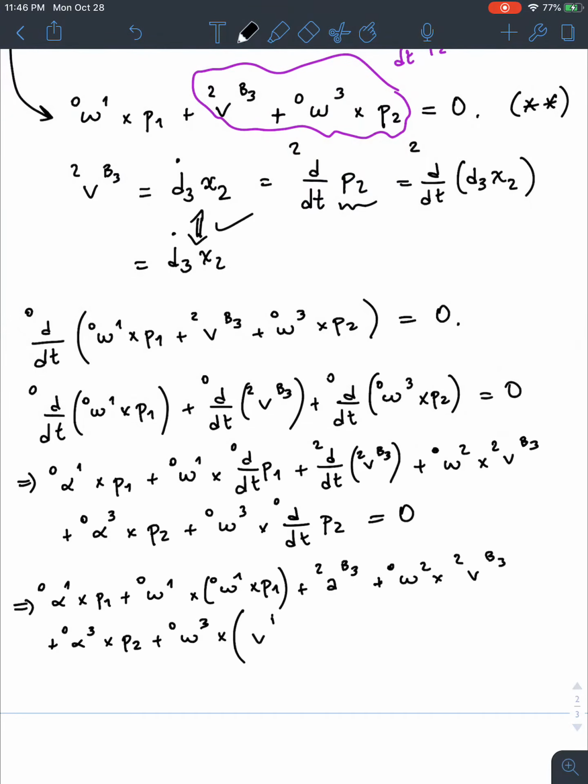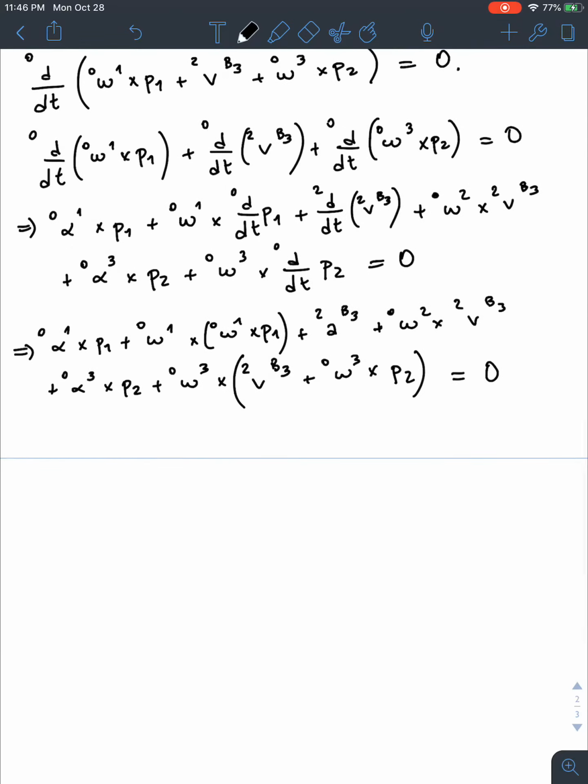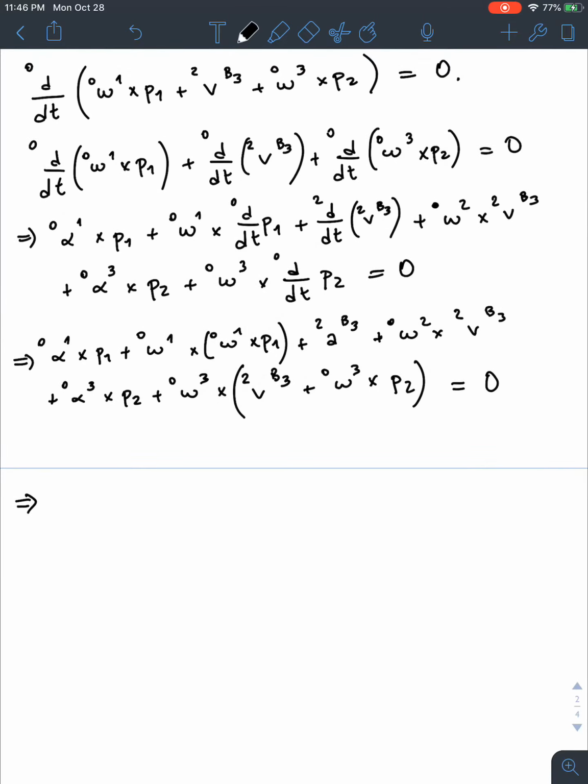This is going to be velocity of p3 in 2 plus angular velocity of 3 in 0 cross p2 equals 0. Yeah, and finally, let me collect some terms together. I have the acceleration of point p3 in 2 plus, so look at this term here and then look at this term here.